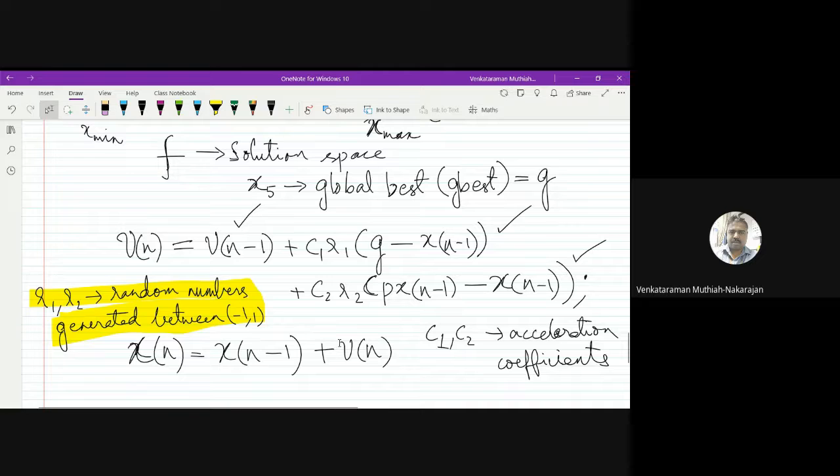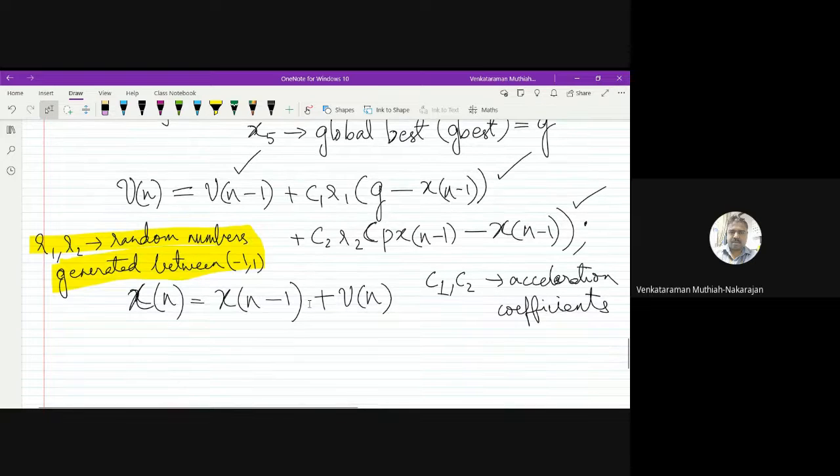The limits have to be the velocity limits V min and V max. V min, as I said, must always be a negative number, and V max should be a positive number.